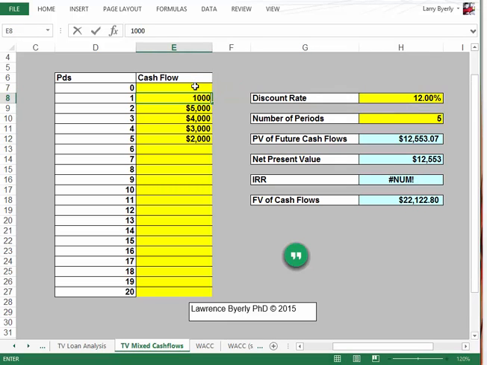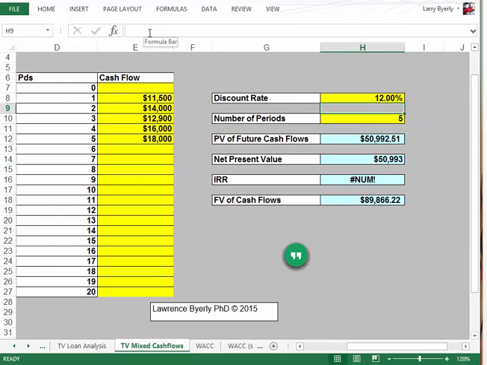So we're going to get 10,000, 11,000, 11,500, 14,000, 12,900, 16,000, 18,000. And our interest rate is 8%.